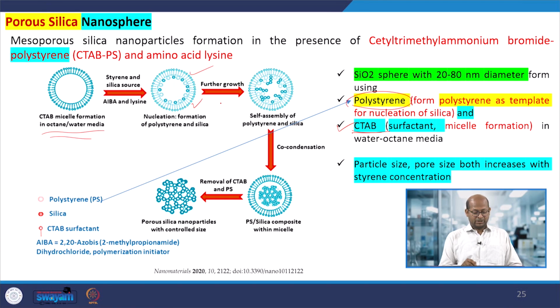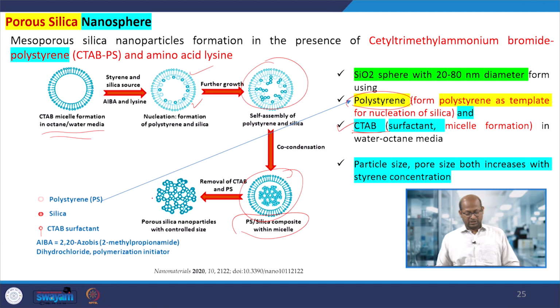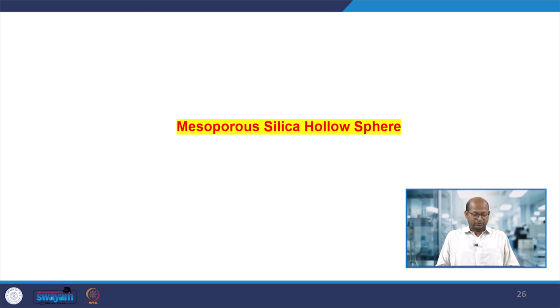So in polystyrene this type of structure forms with tetraethyl orthosilicate and CTAB, the surfactant we have taken. This type of polystyrene and silica composite micelle forms, and then we can remove the CTAB and polystyrene, and porous silica particles will form, having pore diameter 20 to 80 nanometers.